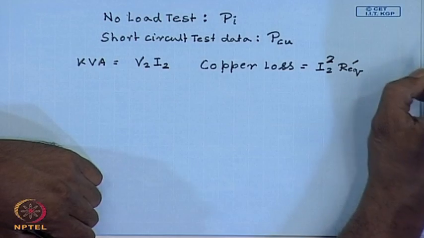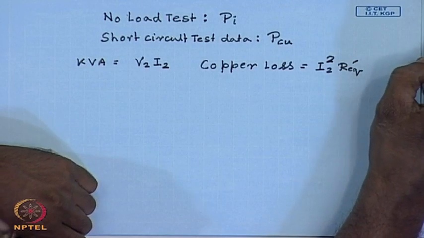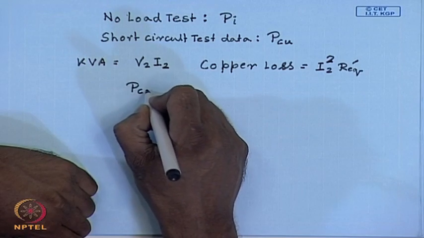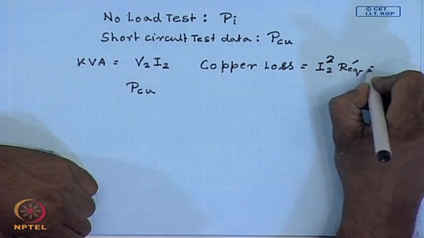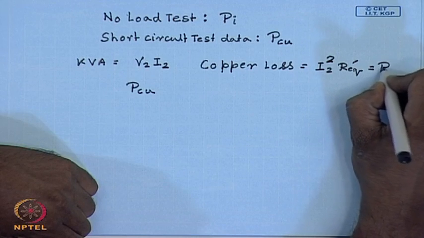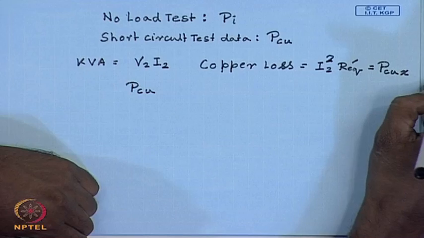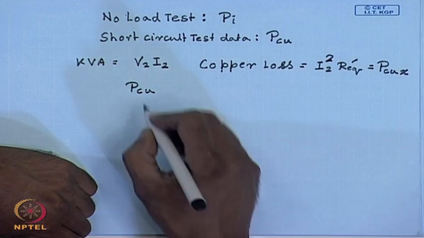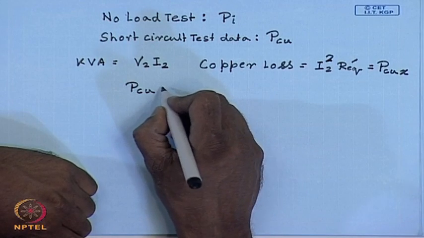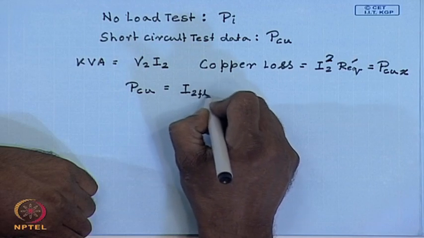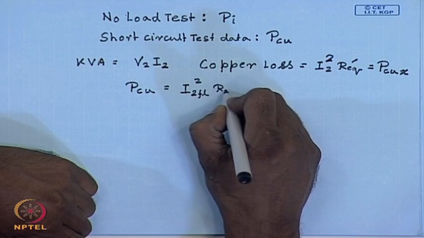The full load copper loss as obtained from the short circuit test is PCU. Let us say this is at x fraction of load. PCU at full load is equal to I2 full load square Req dash.